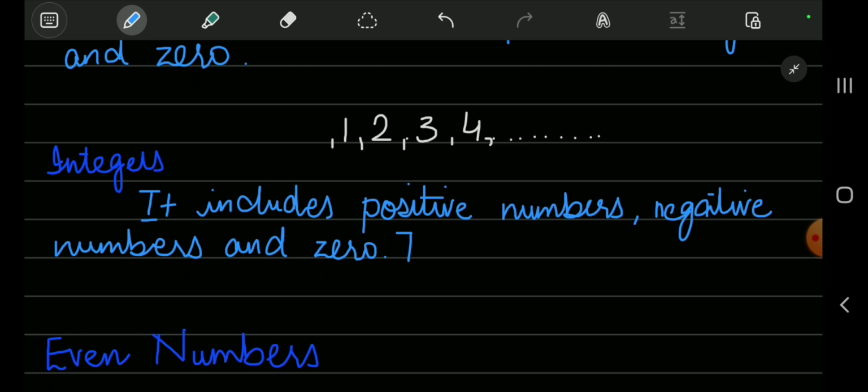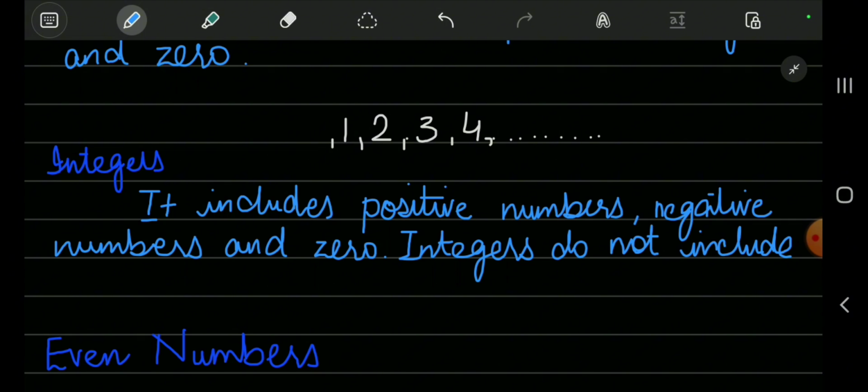Integers do not include fractions or decimals.